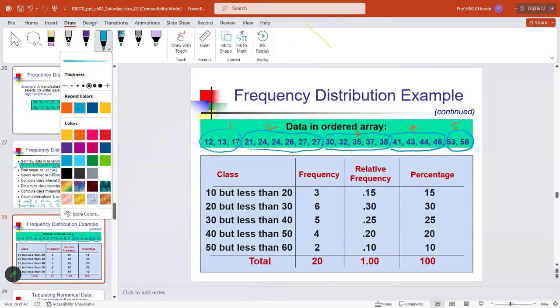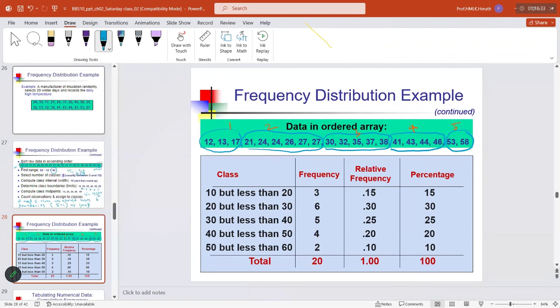What happens is clear. So now we estimate the frequencies. The frequencies total to 20, which is the sample size, and we can estimate the relative frequency and their percentages.